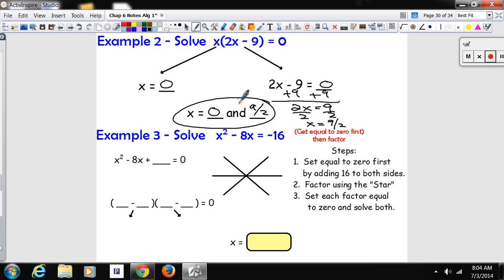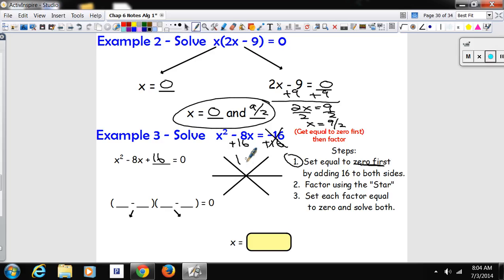Look at example 3. It's not equaling 0. Step 1 is telling us to get it equal to 0 first. So you should add 16 to both sides, so that will cancel out. So this is going to be x squared minus 8x plus 16 equals 0. Then you would use your star.